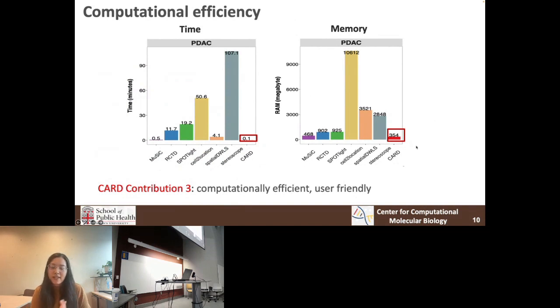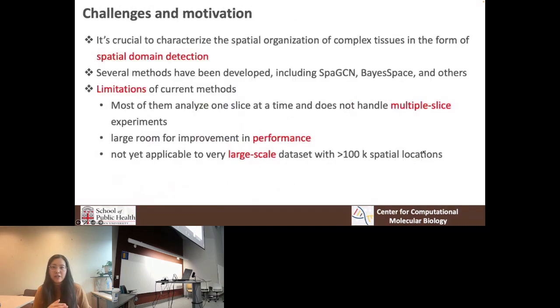So in the previous slides, I introduced how the computational method CART can address the first challenge of unknown cell type compositions. CART can also do high-resolution imputation as well as spatial mapping of single-cell resolution expression. For more details, you can check our Nature Biotech paper.